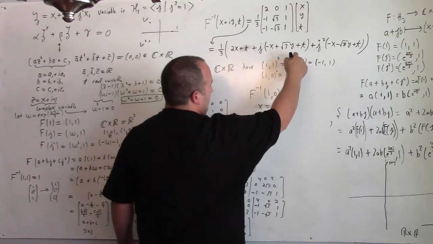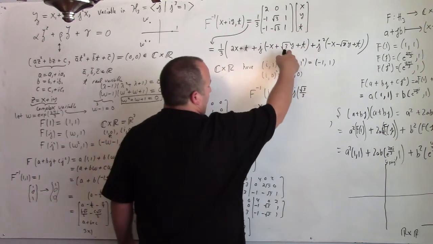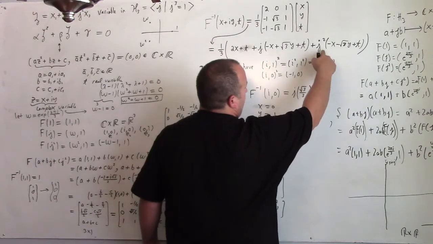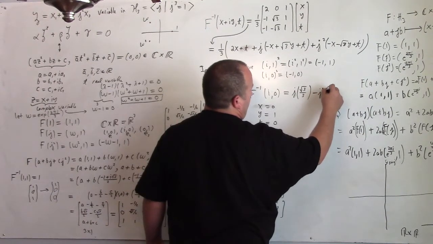Y is 1, so square root of 3 over 3. And what happens here? Minus j squared times square root of 3 over 3, right?